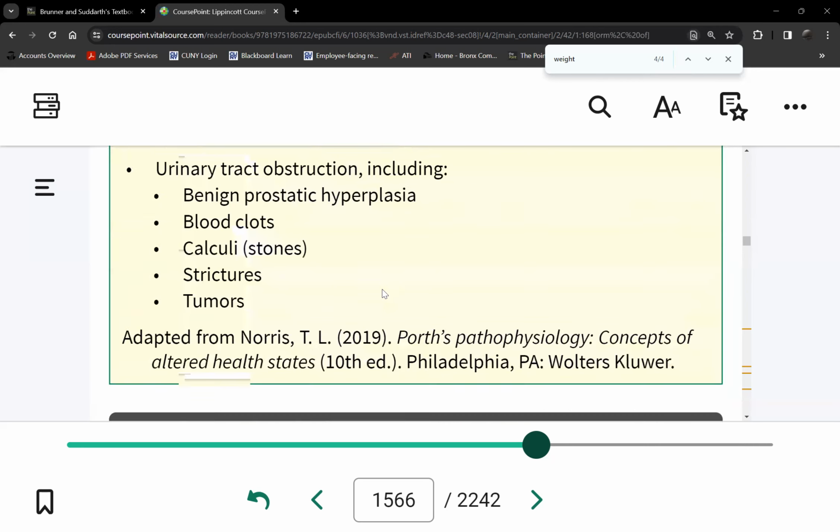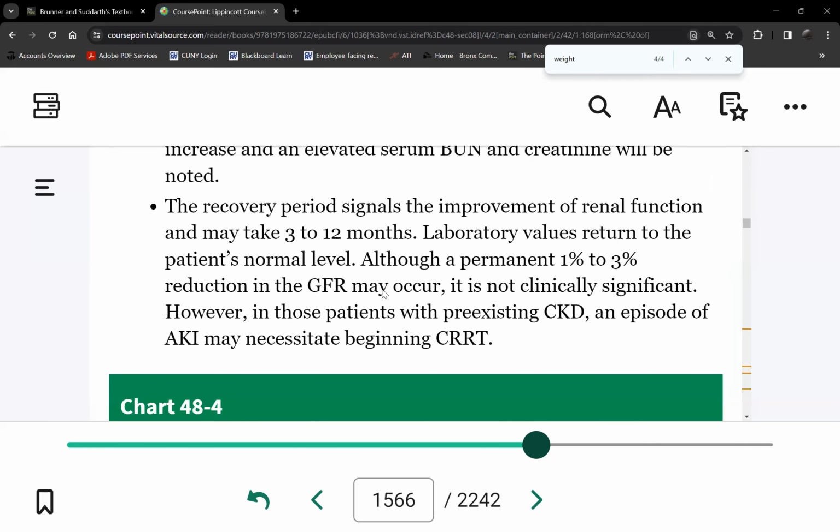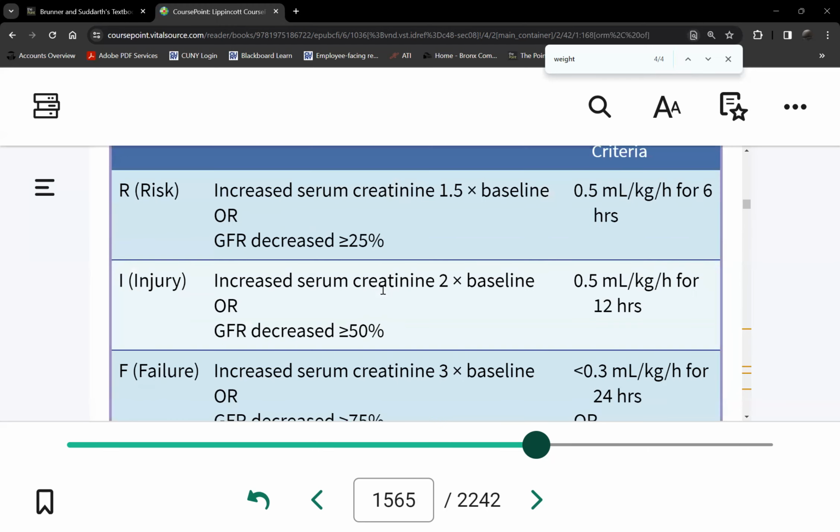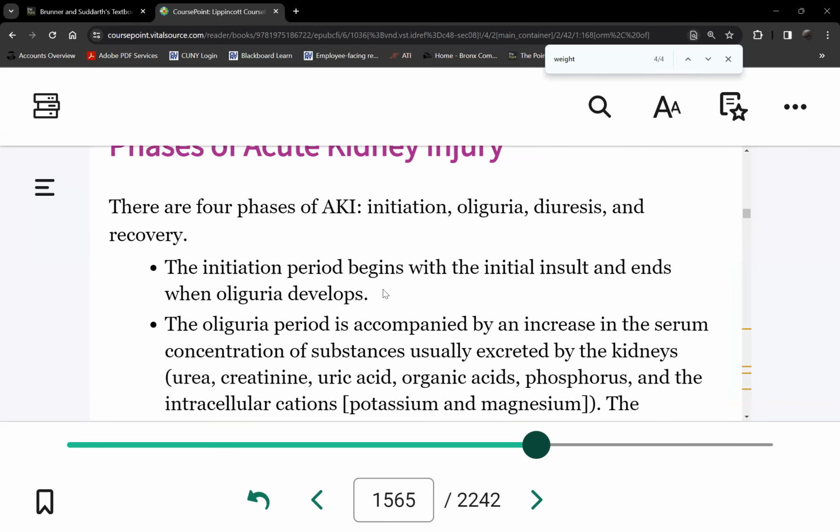Let's go back to the phases now. There are 3 phases in AKI. It's important to know the phase so that we can know when to institute the interventions. I know this has 4 phases, but let's disregard the first one, which is initiation, because initiation is not really clinically significant.